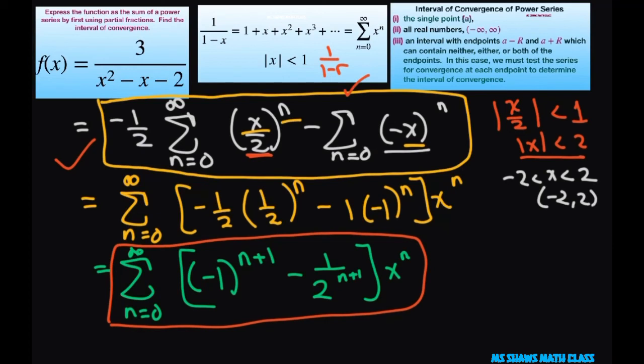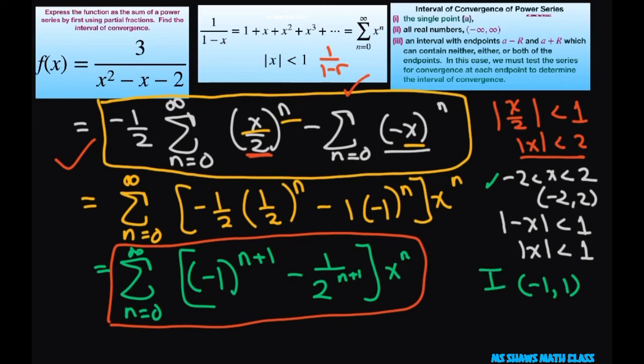For the second piece, we have the absolute value of negative x is less than 1, or you could just say the absolute value of x is less than 1. So that means our interval of convergence is negative 1 to 1 for the same reason, by definition.